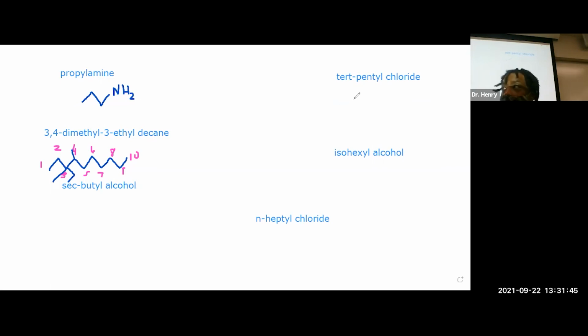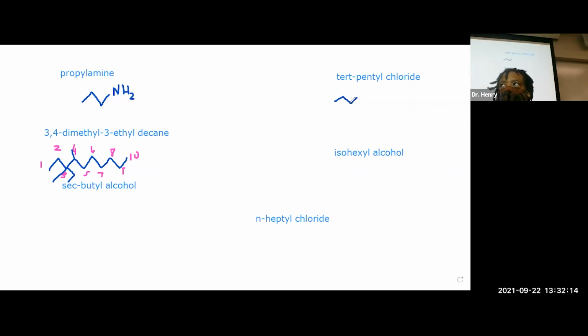It is an inside carbon, yes. So we have, if it's pentyl, so it's a total of 5, but we'd have our first carbon here, our second carbon, our third carbon, and then the tert means it's attached to our third carbon. So we'd have an attachment, 1, 2, 3.